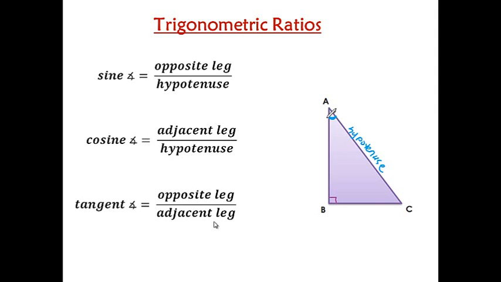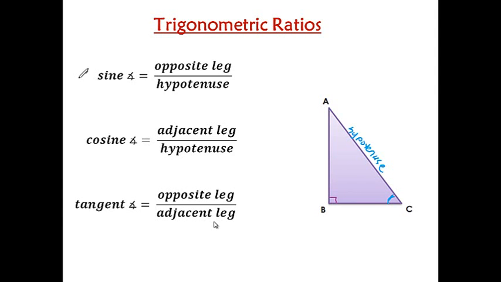If angle A is the angle I'm working with, the side opposite angle A would be BC, and the side adjacent to it would be AB. Remember, adjacent is next to it. However, if I was looking at angle C, the side opposite angle C would be AB, and the side adjacent to angle C would be side BC. Now we're going to get some practice with that, and it's going to make a lot more sense in just a minute.